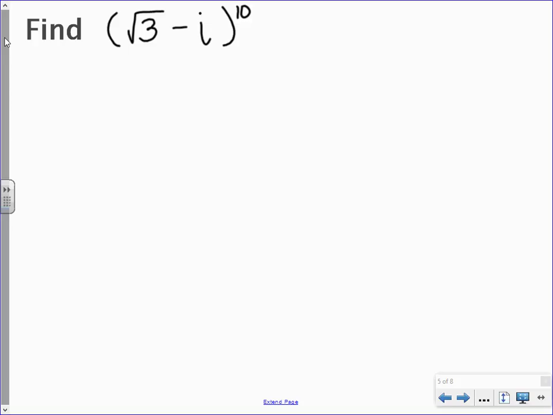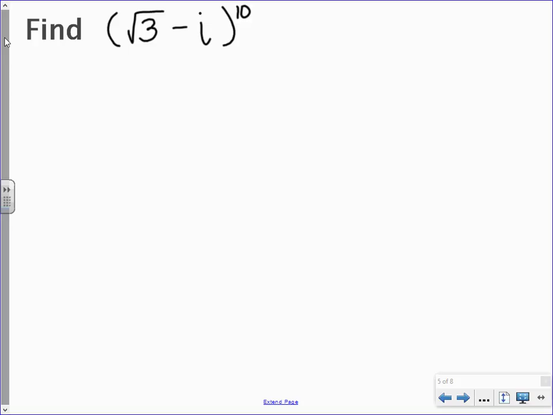We would have to do 9 distributions. Does that sound enjoyable? No. Does that sound efficient? Okay. Let's not do that. What we can do is change this to trig form, use De Moivre's theorem, and then change it back. Does that sound nice?